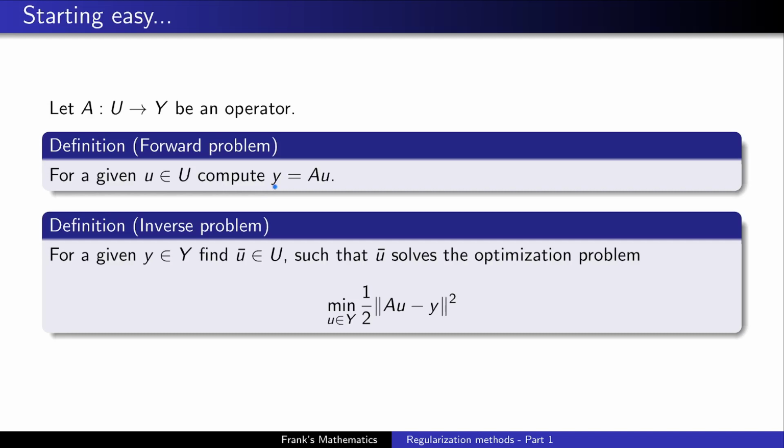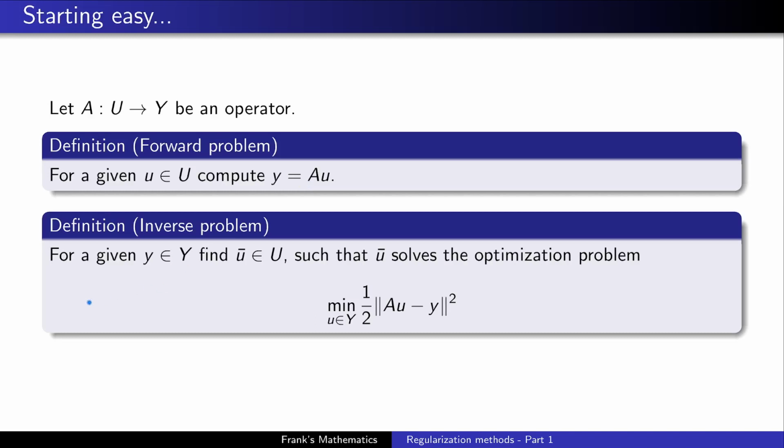In the inverse problem, of course, we have to do a little bit more, because we already know that the operator A is not invertible, or it's not always invertible. So we cannot just simply apply A minus 1, or A inverse, to Y and obtain U. This is not possible. But we can find a solution as close as possible.